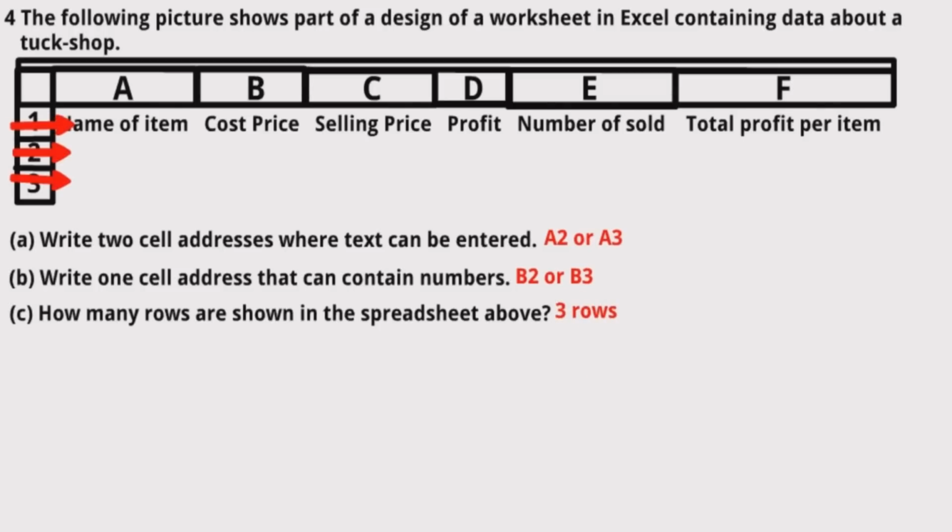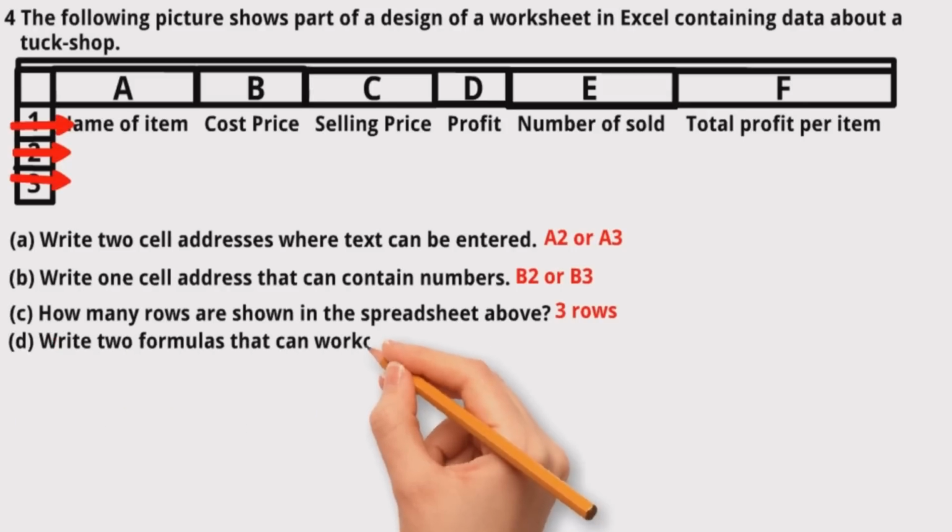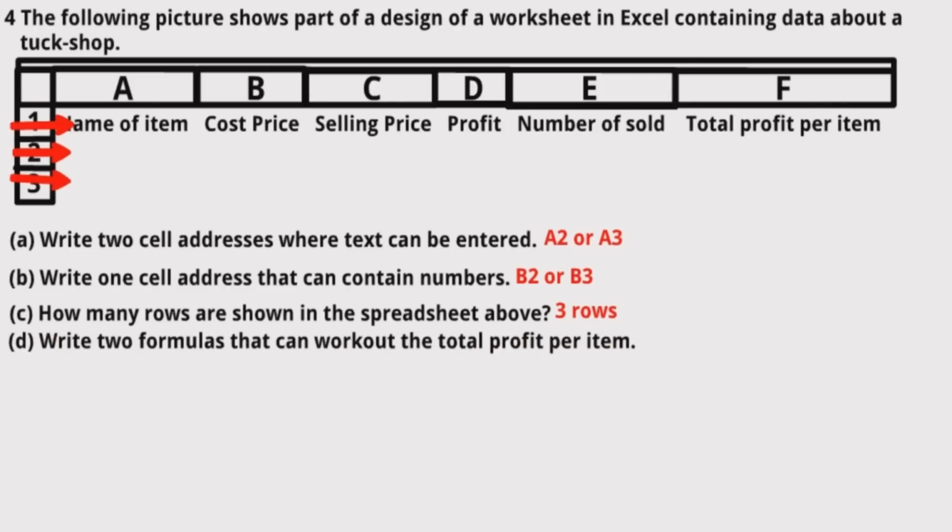We come to question 4D, which is: write two formulas that can work out the total profit per item.